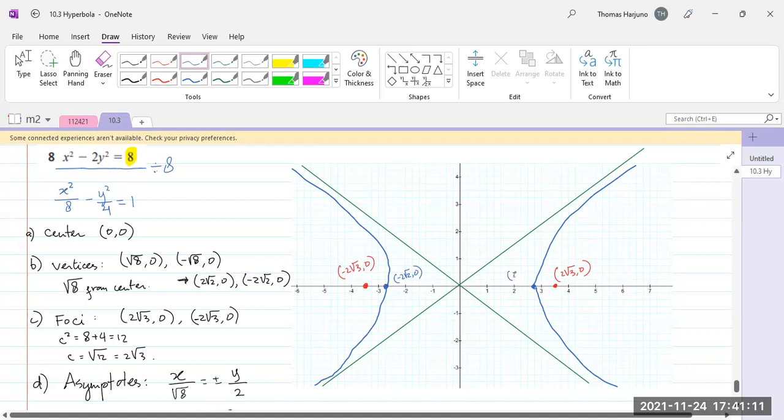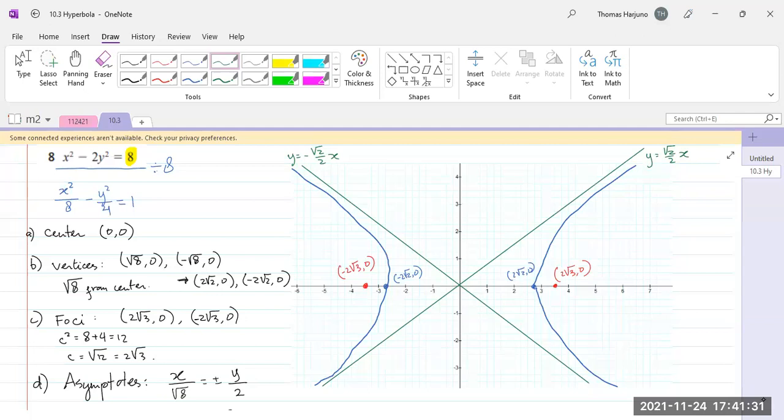This is 2 radical 2 comma 0. And as for the asymptotes, that's y equals radical 2 over 2 x. This is y equals negative radical 2 over 2 x. Yeah, I do expect you to give me such details.